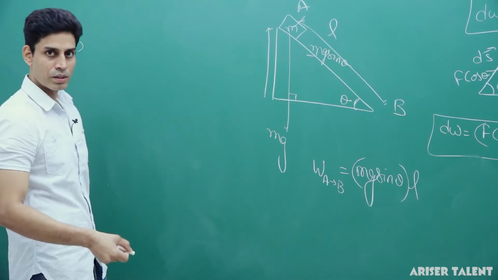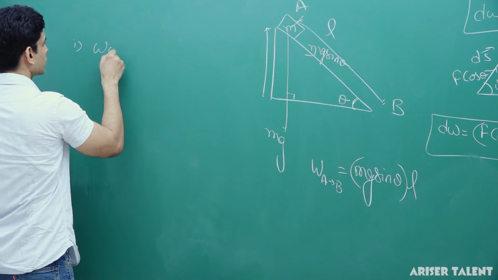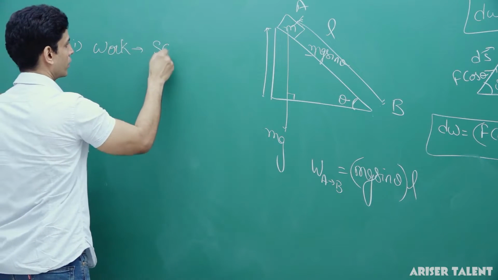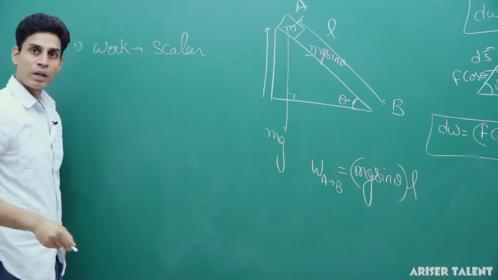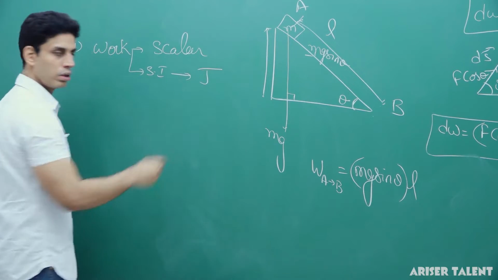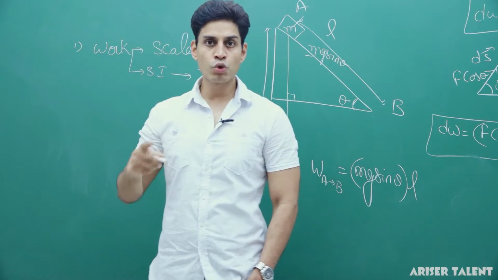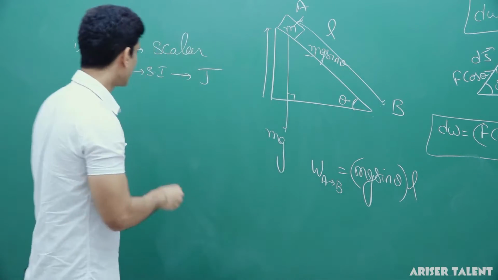Now, certain points regarding this. Work is a scalar quantity. SI unit is joule and the CGS unit is erg. You know the conversion between joule and erg? I think it is clear.